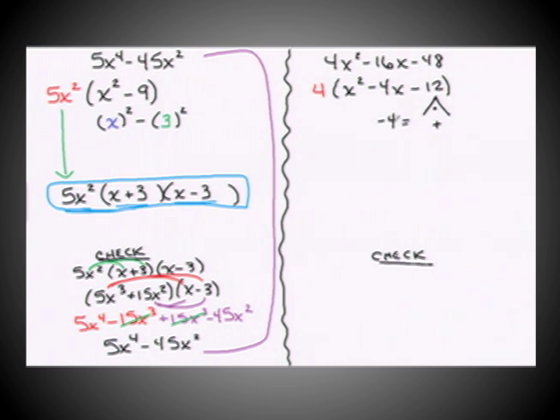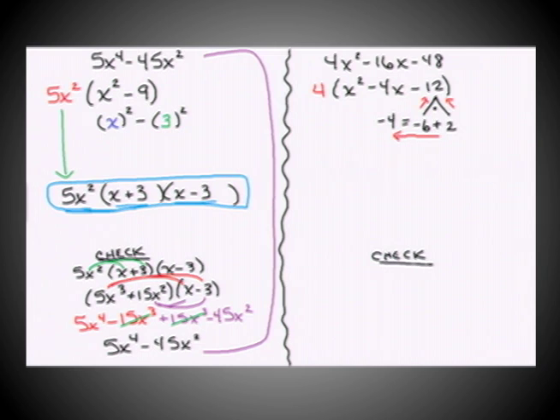And if I can come up with those factors, I can factor the trinomial inside the parentheses further. And we see that the factors negative 6 and 2 multiply back up to make negative 12, but combine to make b, which is negative 4.